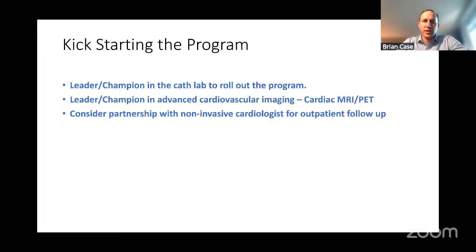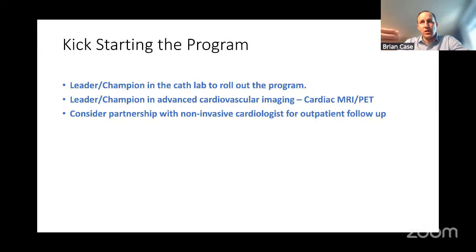Advanced cardiovascular imaging is important for two reasons. One, if you have PET, which I'm sure you do, you can evaluate for coronary microvascular dysfunction using PET, and then those patients can be referred to your program to do full coronary functional testing to look for both endothelial dependent and independent dysfunction.